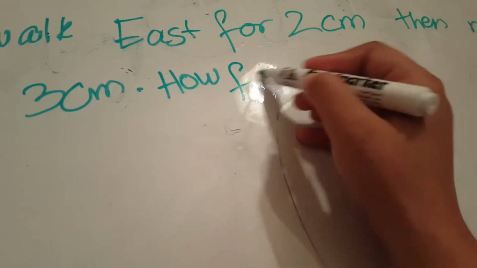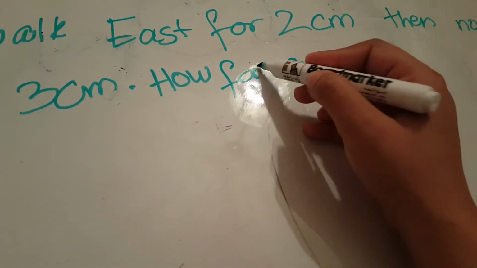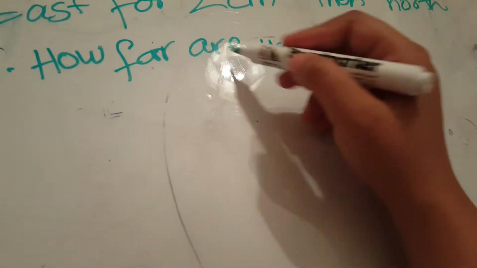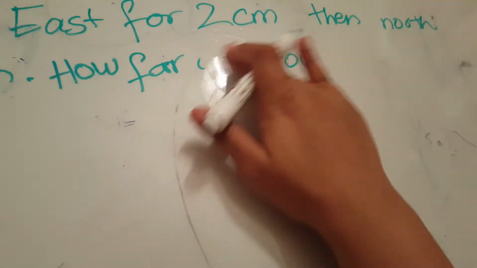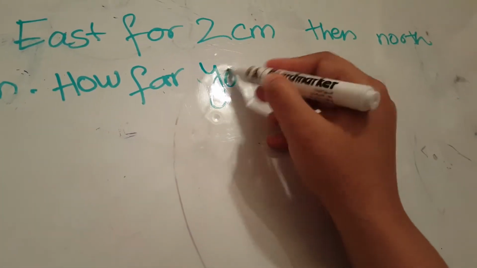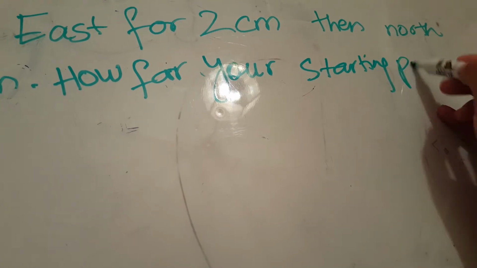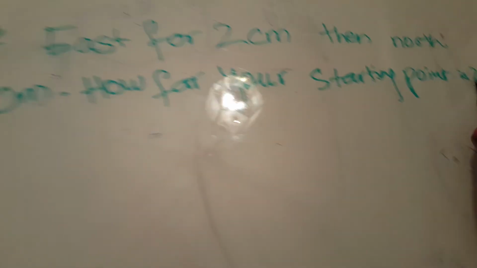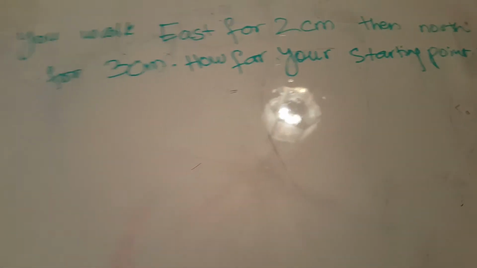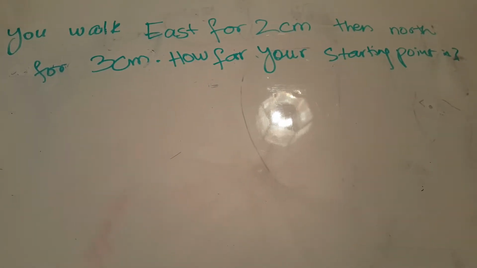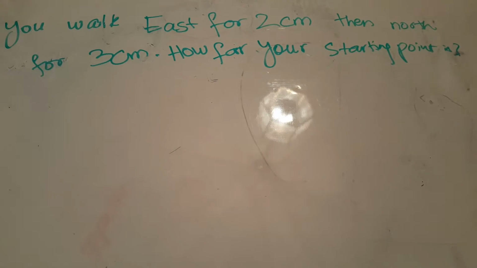How far are you from your starting point? For example, you walk east for 2 centimeters and then north for 3 centimeters. How far is your starting point?